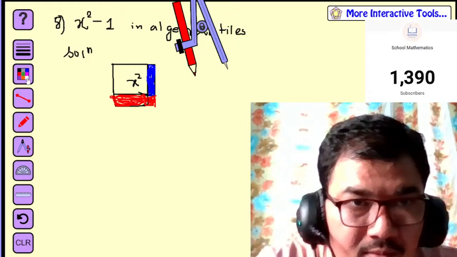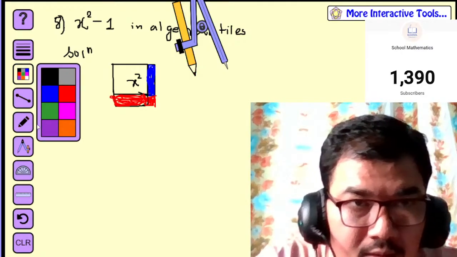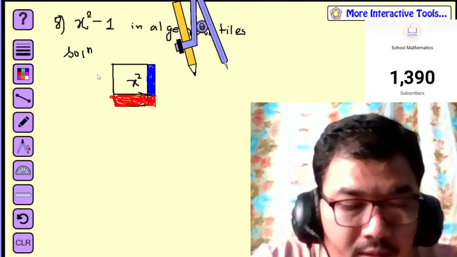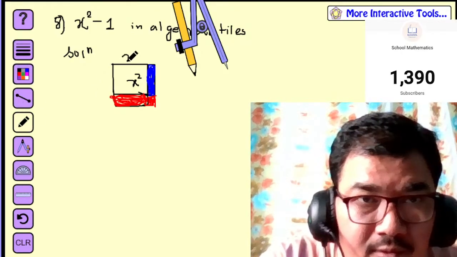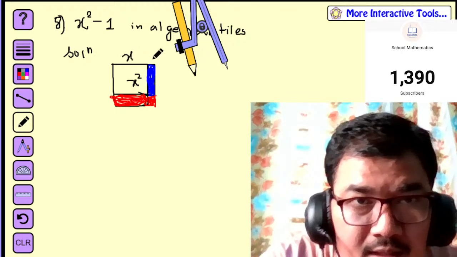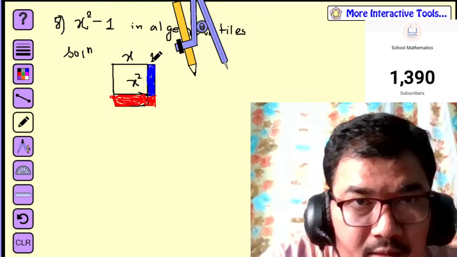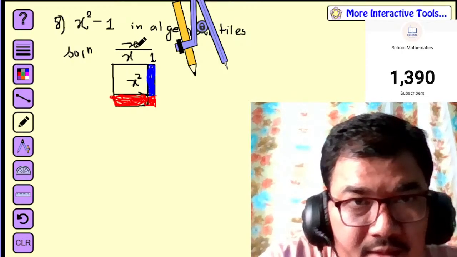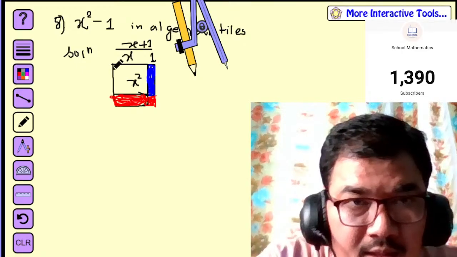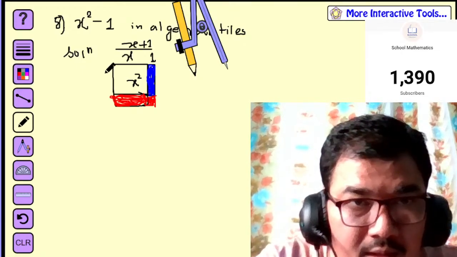And we can see here now, look, this part is here. This is the part for what? X, and this one is 1, okay? This total, what happened this now? This became here x plus 1. This part is x plus 1. And now this is total x, okay?